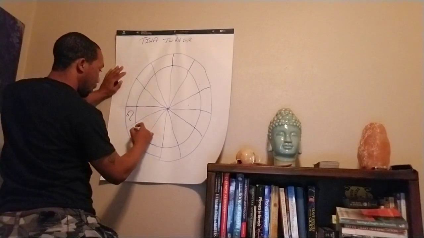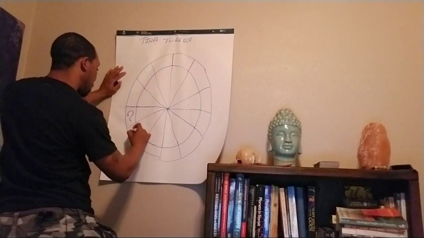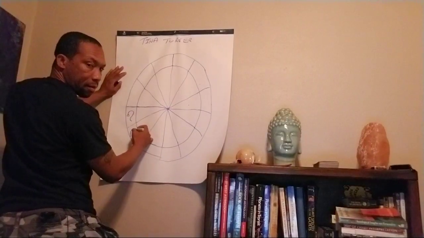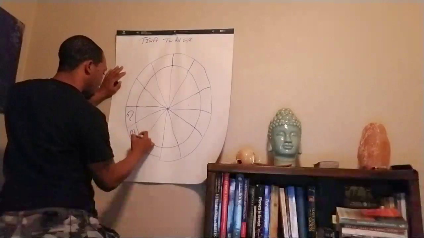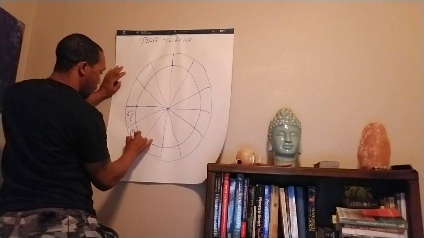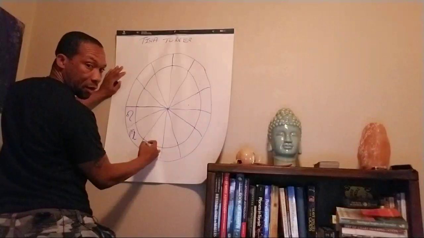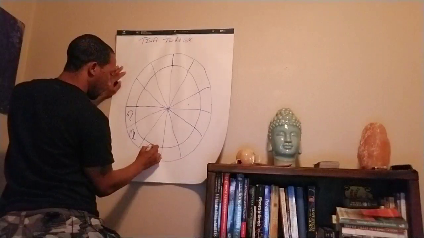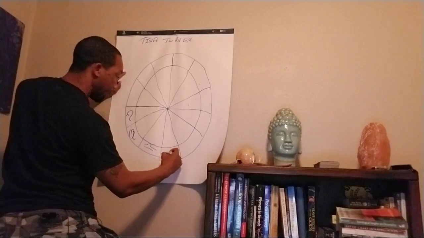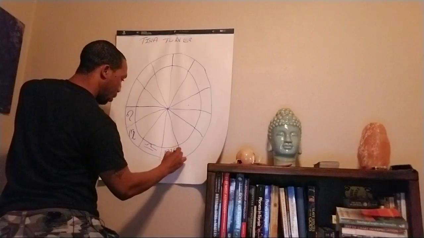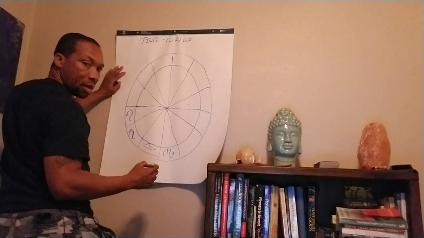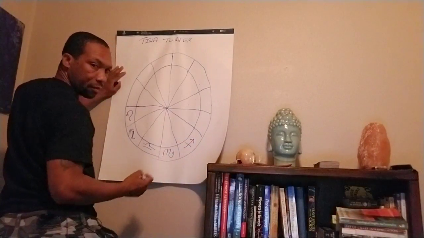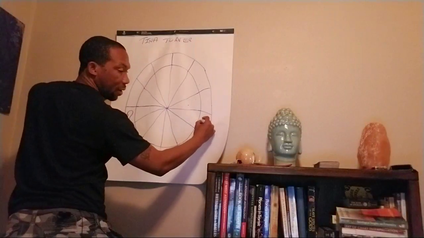Next up, anyway, let me just draw him. That's Mercury, Virgo. After Virgo is Libra. And then after that, Scorpio. After that is Sagittarius. After that, you have Capricorn.